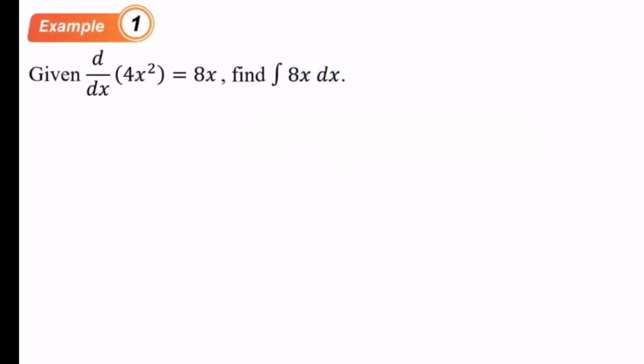Let's have a look at example 1. Differentiate. Of course, when you see differentiate, the one given should be y because it's dy/dx. So that means y is 4x squared. Differentiating f(x), 4x squared, gives 8x. If I integrate whatever I differentiated, which is 8x, I will get back, of course, the y, which is 4x squared.